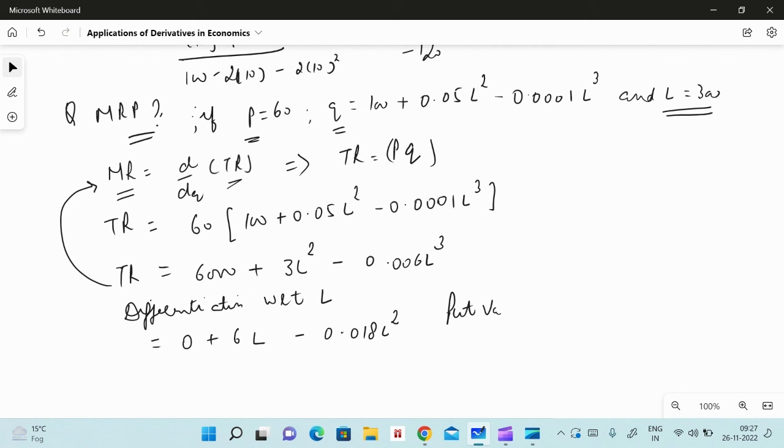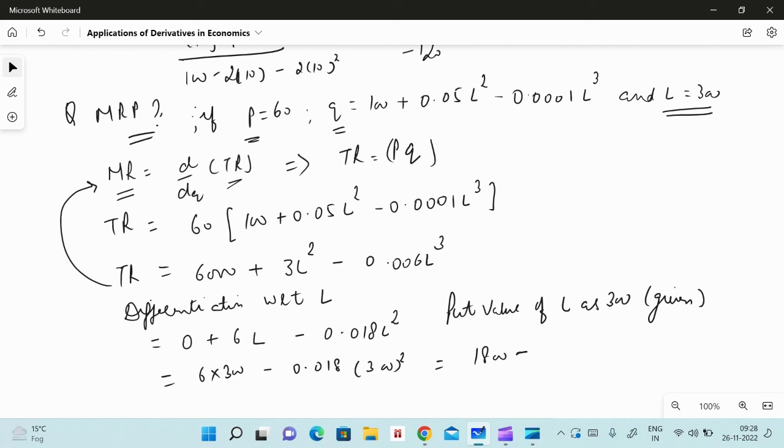Now it is given in the question that the value of L is 300. So put the value of L as 300. So 6 into 300 minus 0.018 into 300 square.